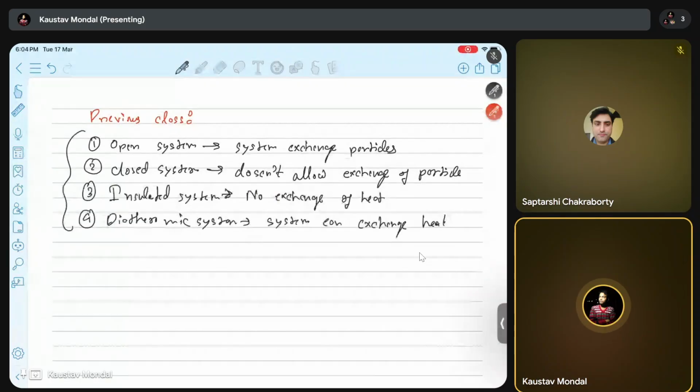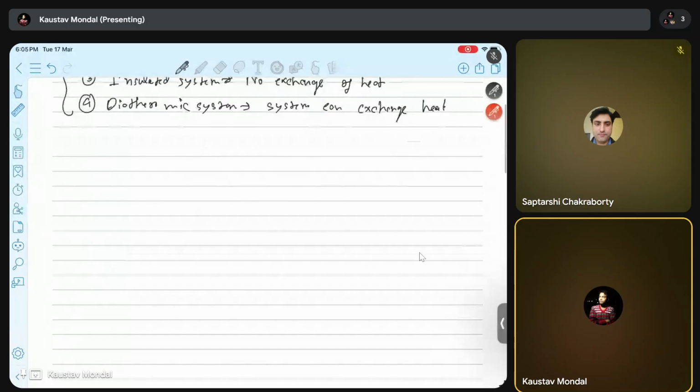Also we discussed two types of parameters that we generally deal with in classical thermodynamics. One is known as intensive parameters, and the second one is the extensive parameters.